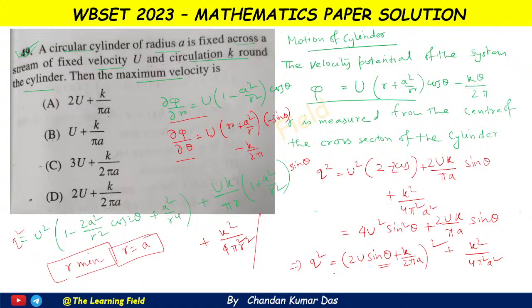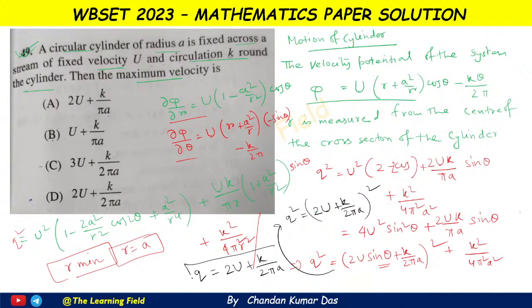Then this equation reduces to what? Q square equals 2u plus k by 2 pi a, whole square. That means Q equals 2u plus k by 2 pi a.